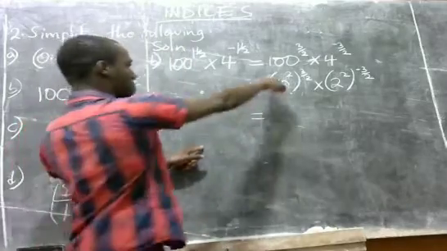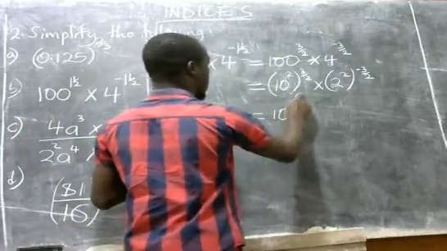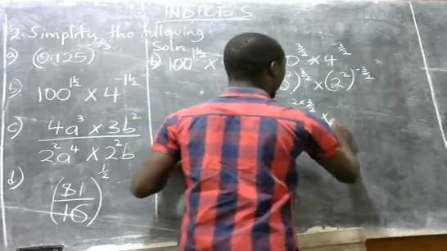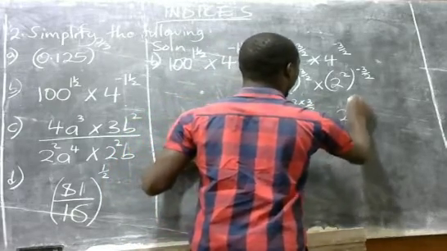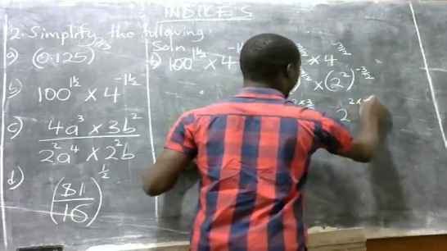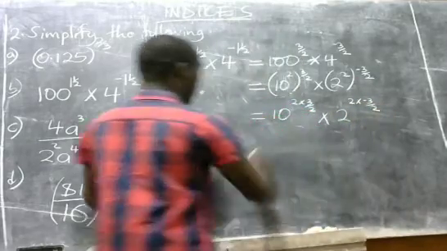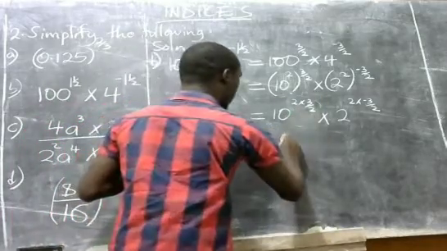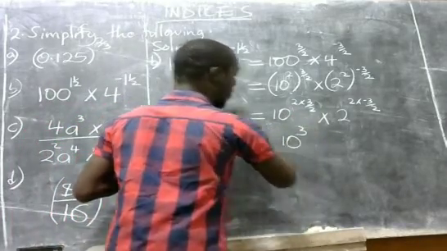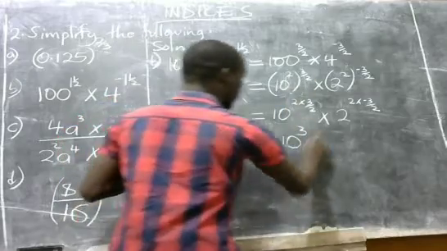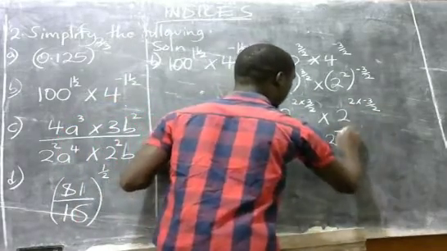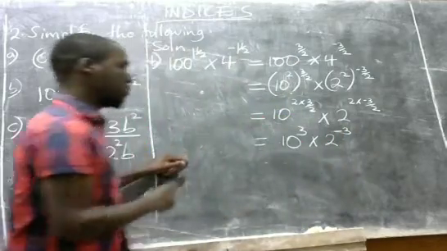Now I remove the bracket. This is 10 power 2 times 3 all over 2, then times 2 squared times the negative 3 all over 2. When I compute this here, I'm having 10 to power 3, then times 2 to power negative 3.